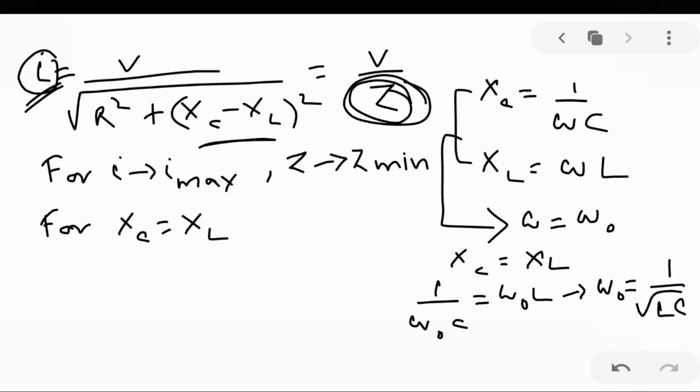Now when this happens, XC is equal to XL, this quantity becomes 0, and current is maximum.